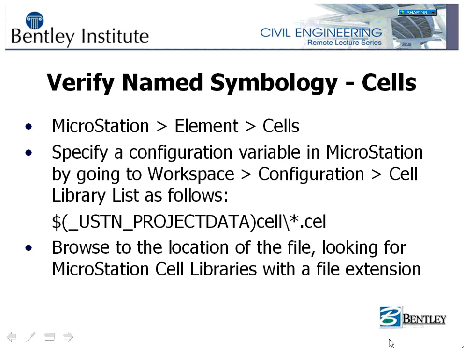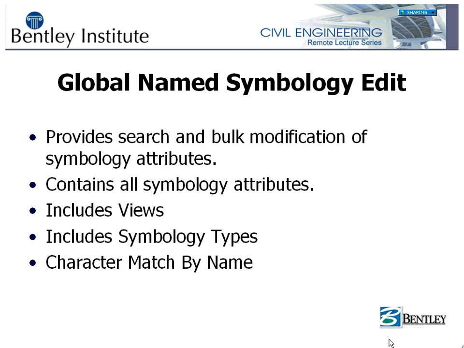The next tool we're going to talk about is the Global Name Symbology Edit tool. This tool provides the capability to perform searches and make bulk modifications of symbology attributes in your preference file. With this tool, you can see all symbology attributes for your name symbology all in one dialog box, which makes it a lot easier to see what you're looking at.